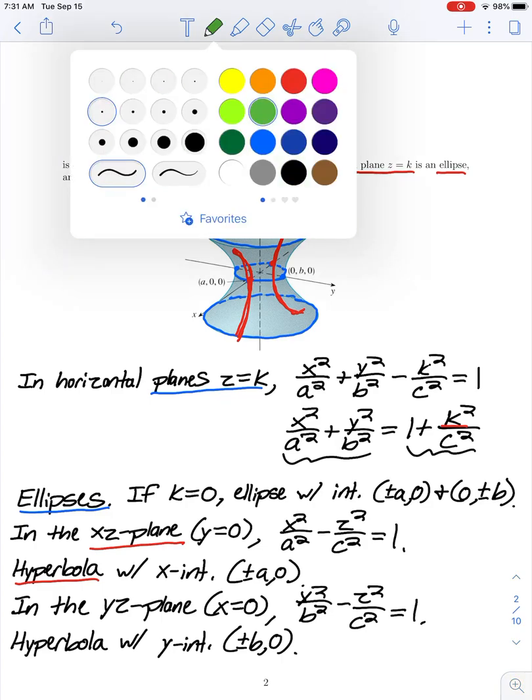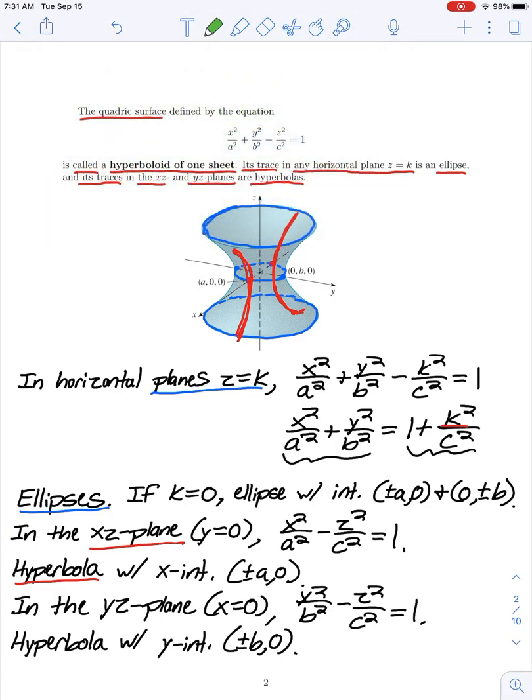So let's see if we can sketch this trace. In our yz plane, we have a hyperbola whose y-intercepts would be positive or negative b, and 0. So in that yz plane, we would have a hyperbola that looks something like this.